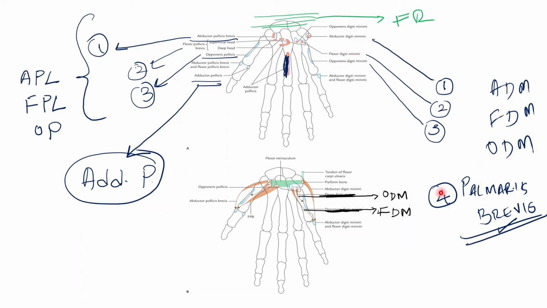Moving on to the subcutaneous hypothenar muscle, the palmaris brevis. The palmaris brevis runs horizontally, and it is the subcutaneous muscle seen over the hypothenar eminence.